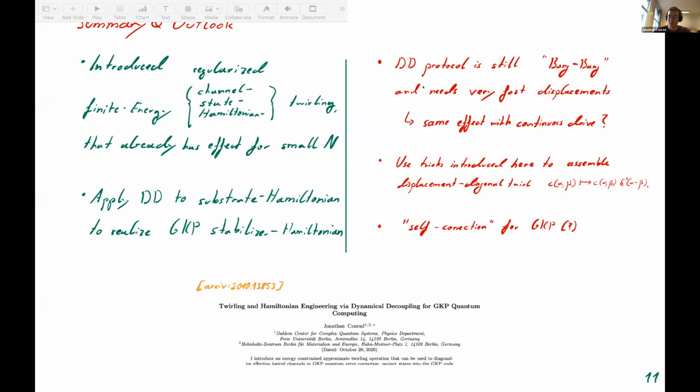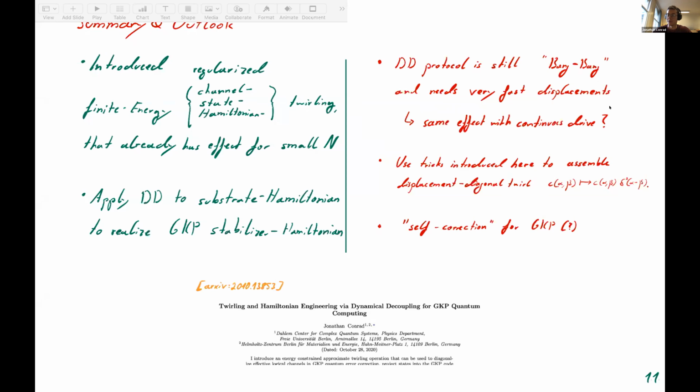So the drawbacks of my protocol and some things that I hope to be able to improve on in the future is that this dynamic decoupling protocol is still constructed in the bang-bang limit. That is, in the constructions that I've just presented, I have chosen instantaneous displacement pulses. And in order for this whole approximation to work out, I would need very, very fast displacements below 1 nanosecond for the given implementation.